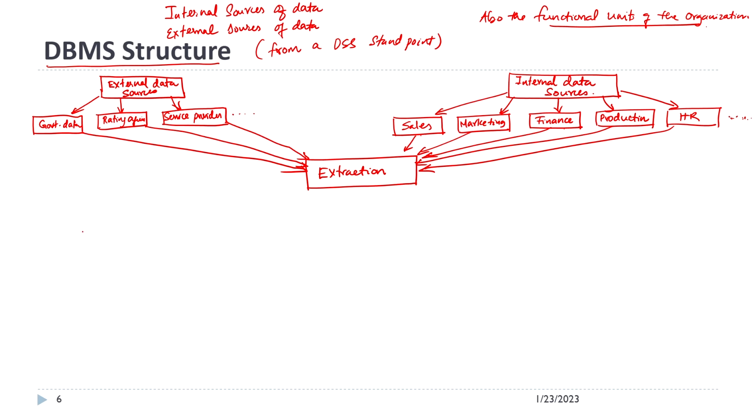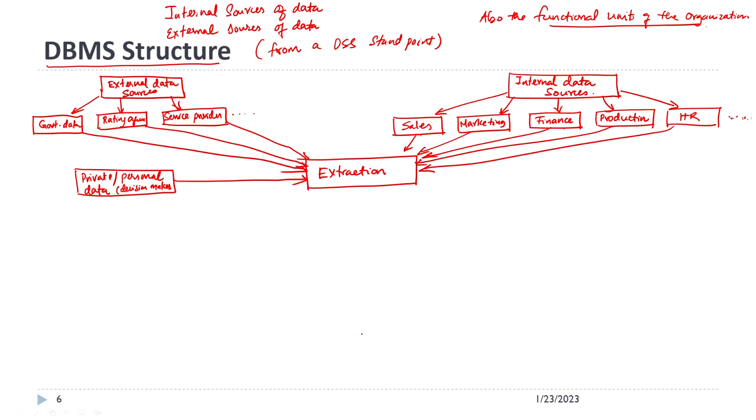Then there is one more data source we heard about, let us call it the private/personal data of the decision maker. We saw that part. So, that should also be allowed to be extracted.